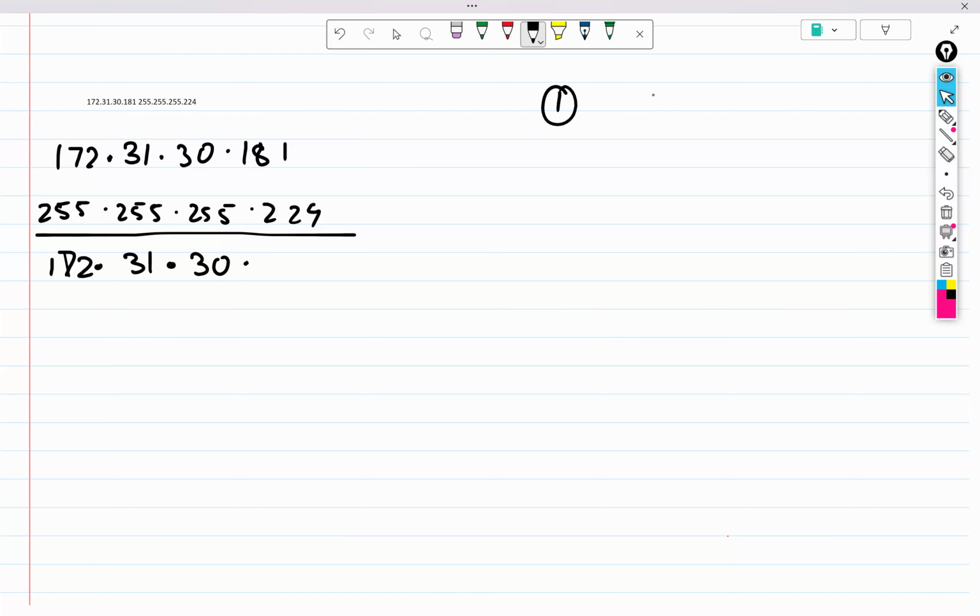So first step, 256 minus 224 gives us 32. Second step, write down the multiples of 32, 0 till 181. We have to go till there. Oh my god. 32, 64, this will go very long.